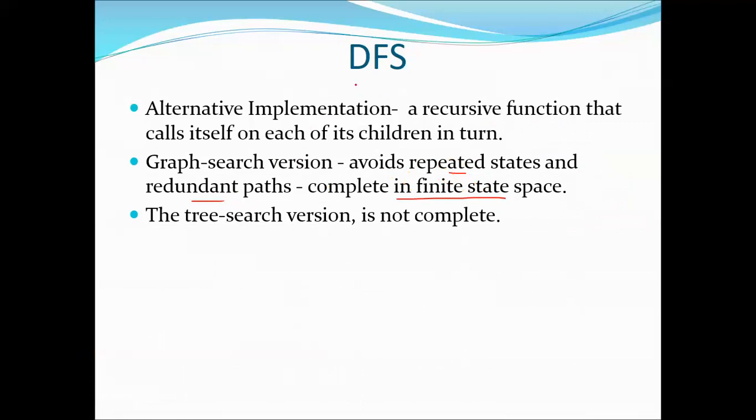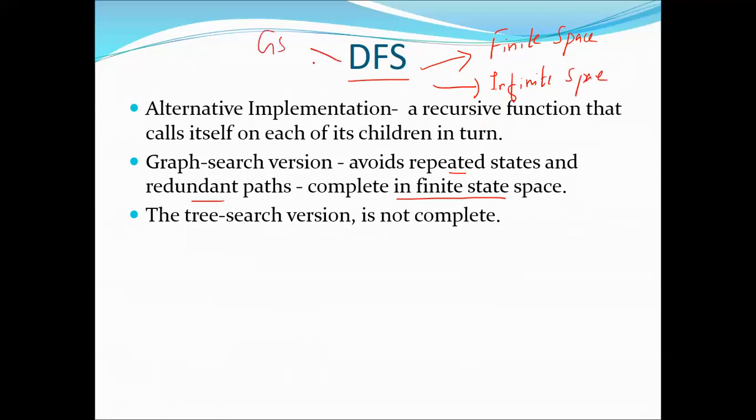We are going to discuss the performance of DFS in different categories. We are going to discuss DFS in finite space and in infinite space. And also we are going to discuss its performance in graph search and also in tree search.